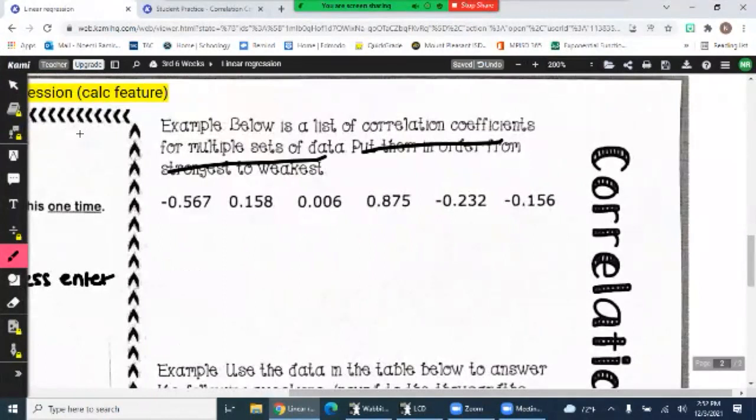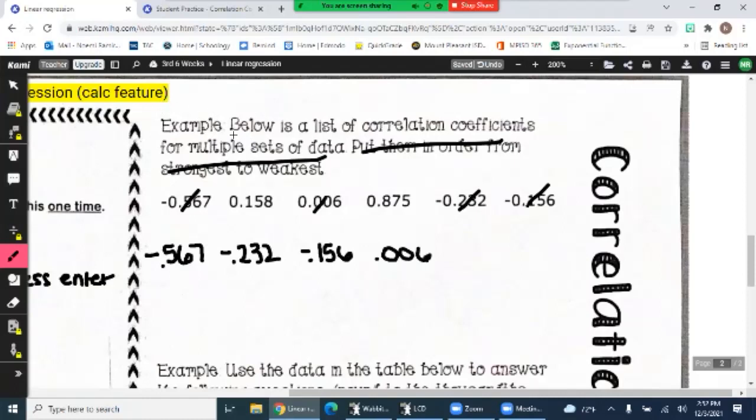Which one's the smallest one? Negative 0.567. Then what? Okay, then what? Negative 0.156, then what? Okay. And?